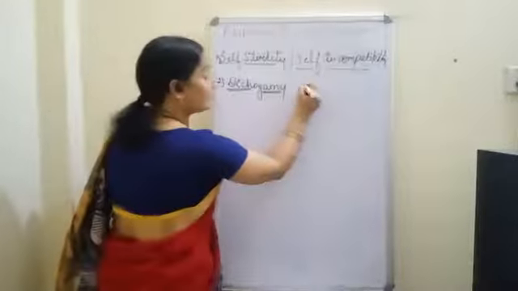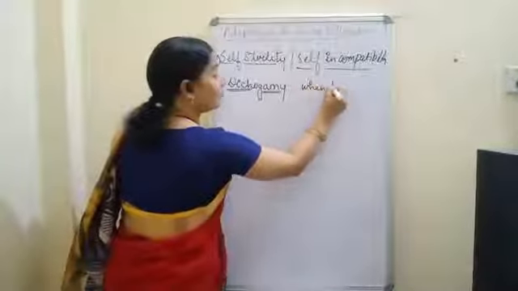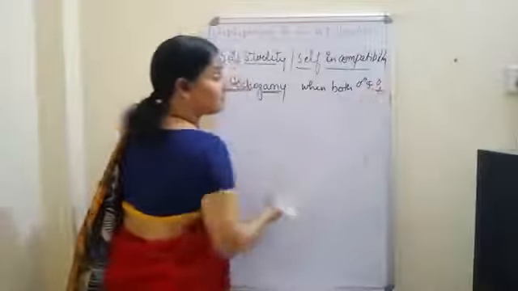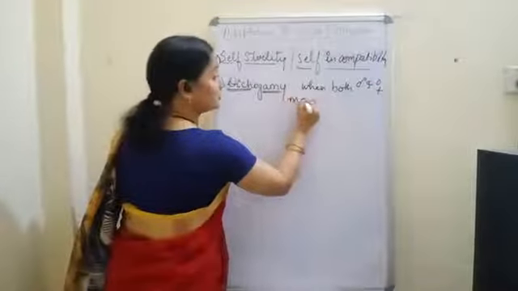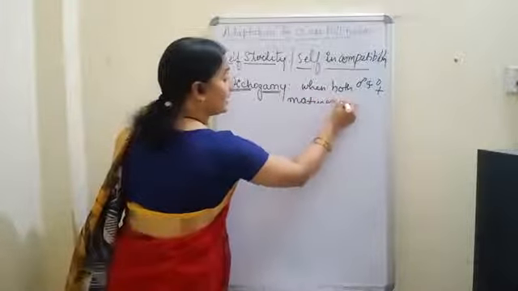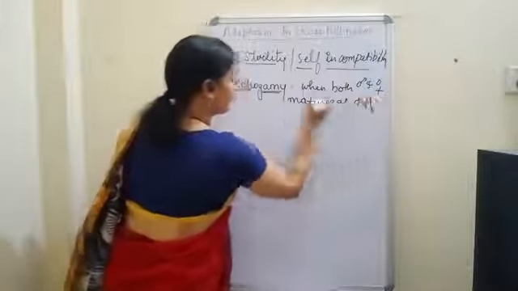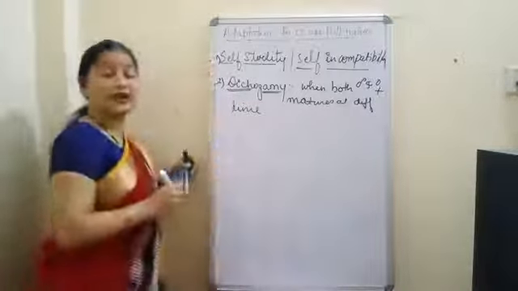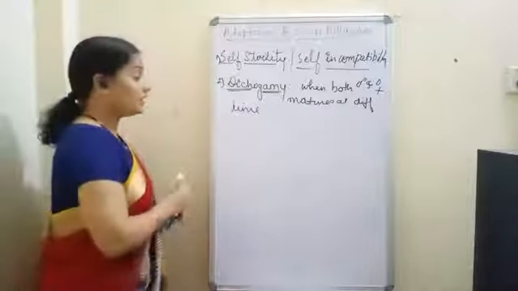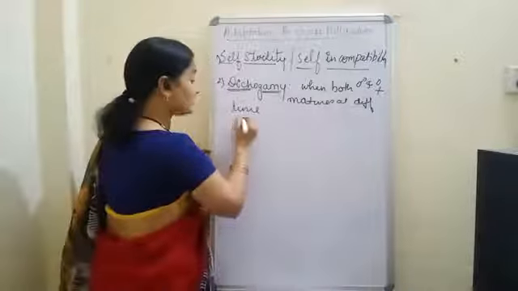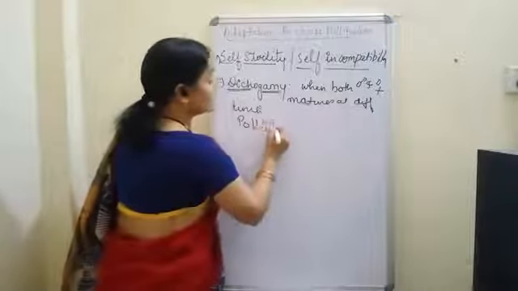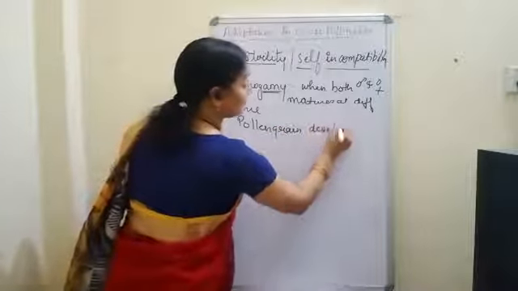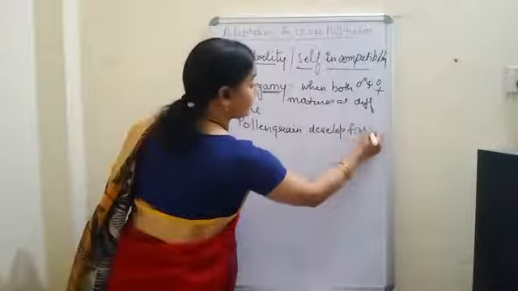What can we write here? When both male and female mature at different times, then this is called dichogamy. Now see, what happens? Suppose the pollen grains develop first. Clear?